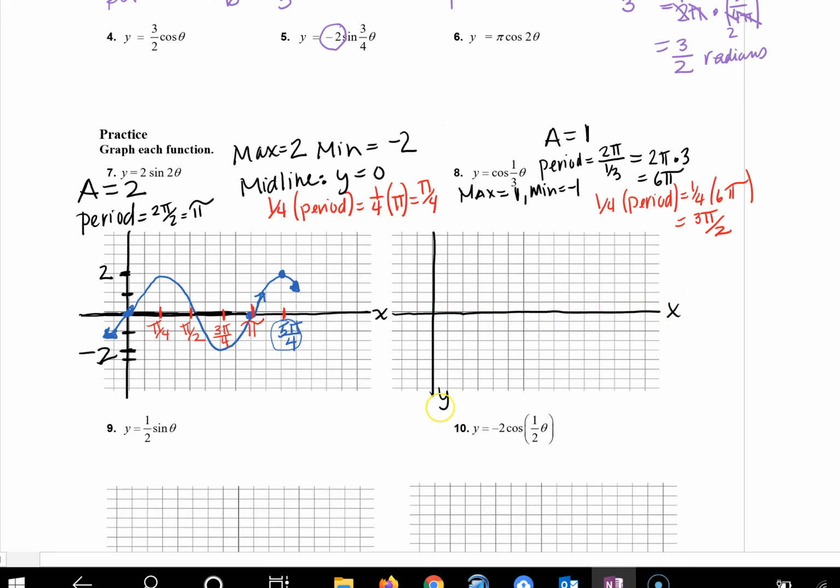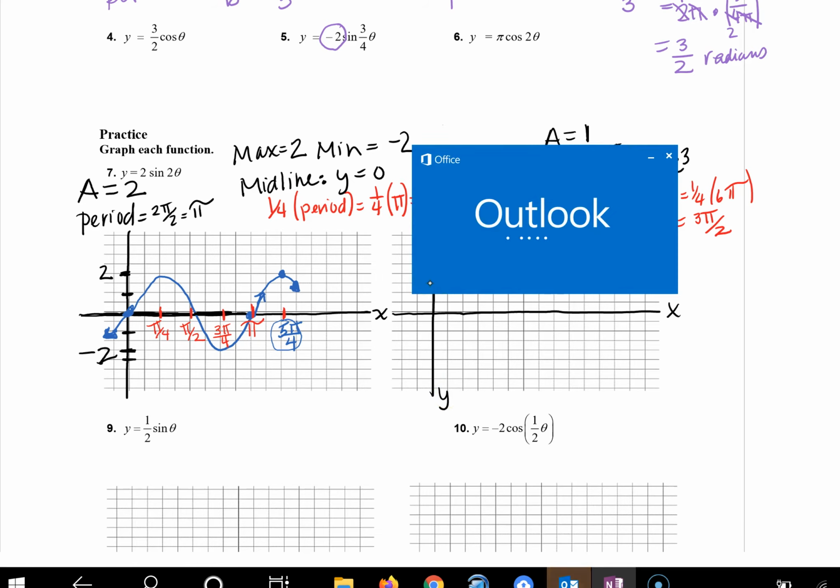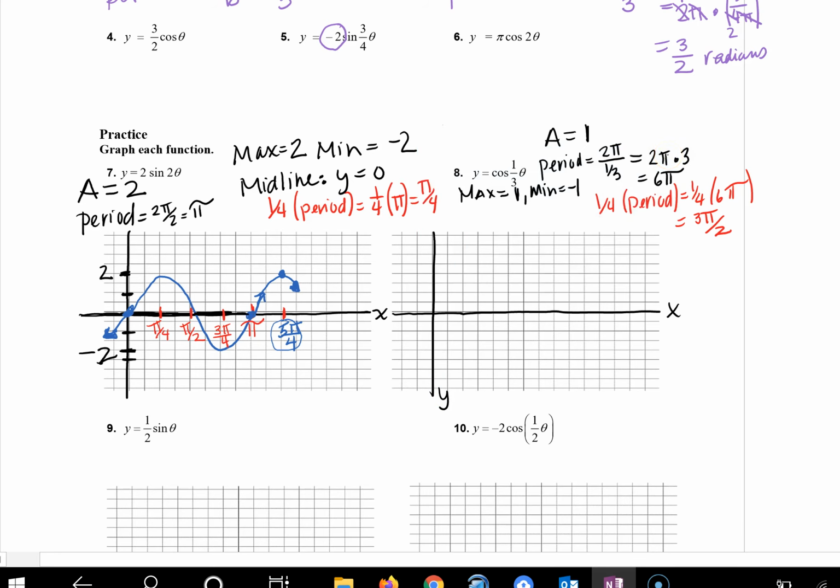Since I have maxes and mins of -1 and 1, I can go ahead and label, all I need is a 1 and a -1, and I went 4 here, so I'll go 4 here. 1, 2, 3, 4. There's your -1. So those are going to be my max and my min.